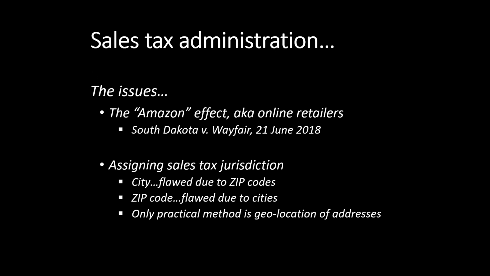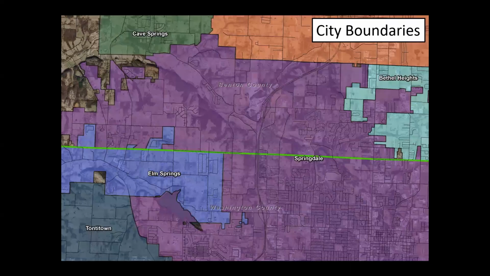There are some flaws with zip codes as well, because a single city could contain multiple zip codes, and that zip code can be both inside and outside of the city, just depending on how those mail routes run. And so through all that, really the only practical method is the geolocation of addresses and getting that pinpointed to where it really is. So this next series of graphics will really illustrate this.